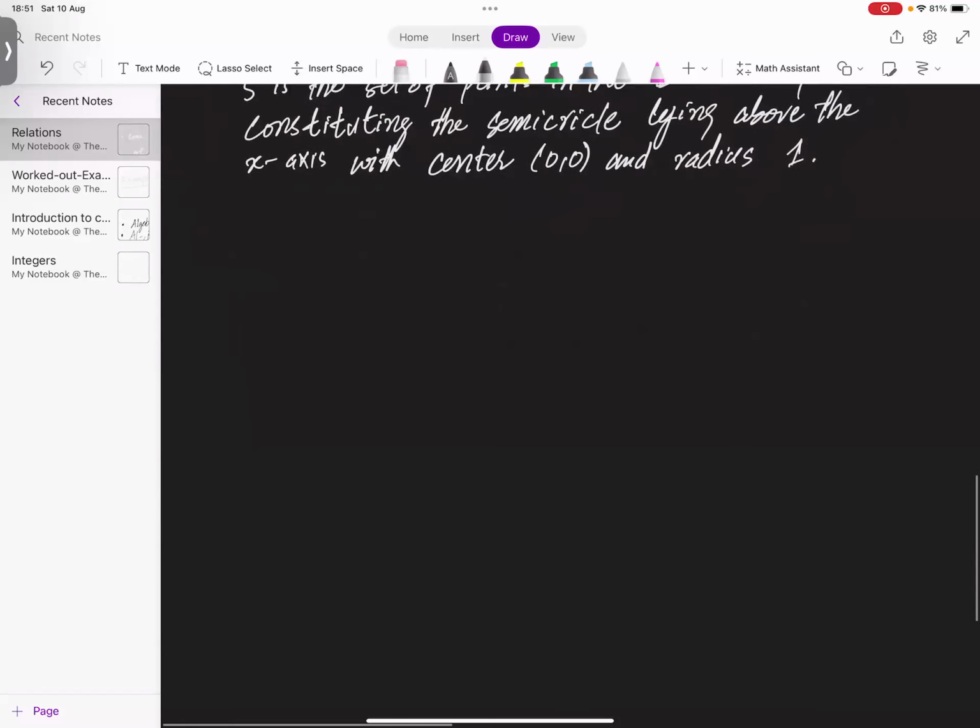Then we have types of relations. Definition 1.3.7.